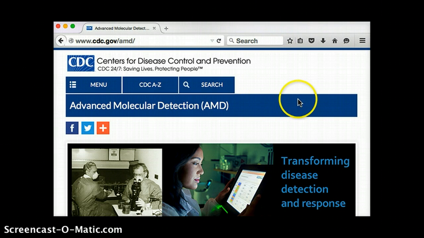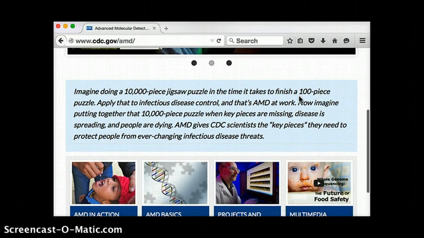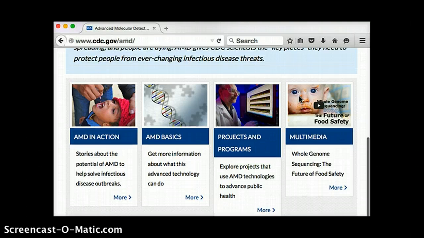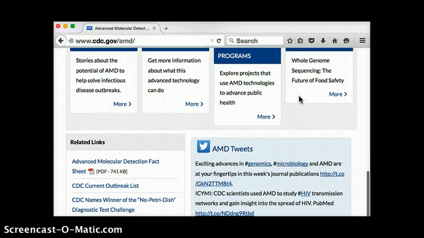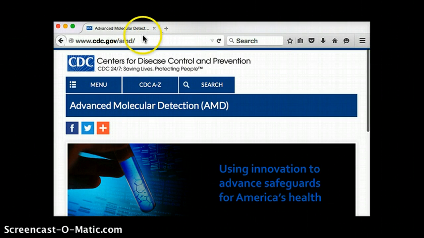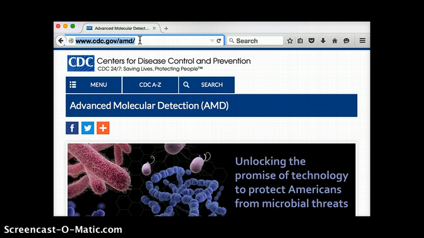This is maintained by the CDC, and it's an excellent website for you to visit and explore the information and resources they have archived here. So here is the URL. It's rather simple to remember: Advanced Molecular Detection, AMD.